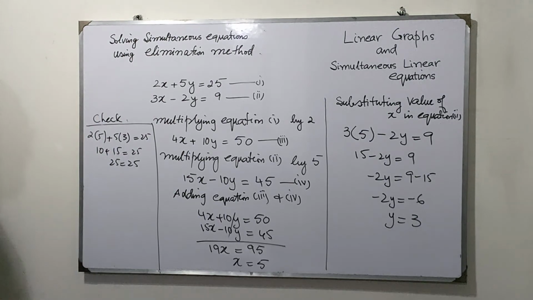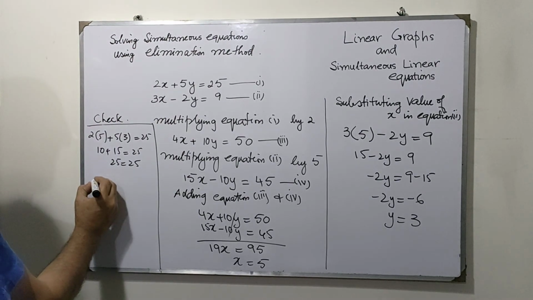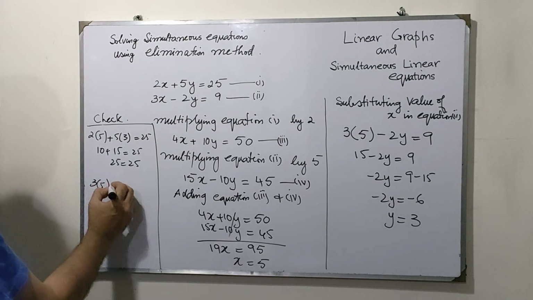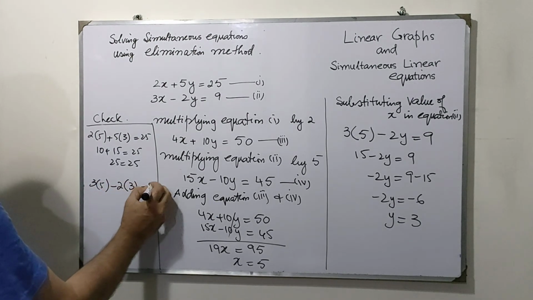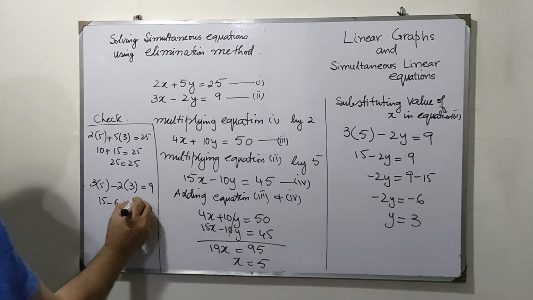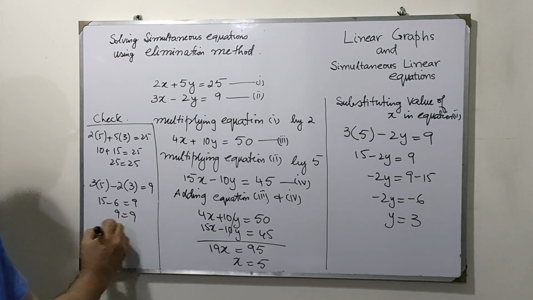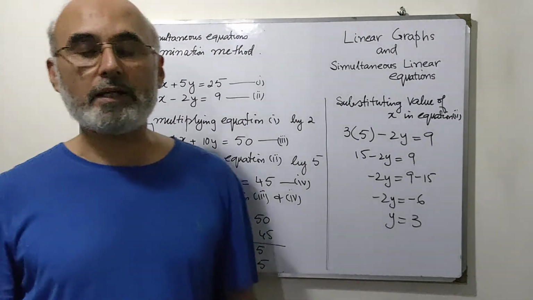Left hand side is equal to right hand side. Checked. Second equation: 3 into 5 minus 2 into 3 is equal to 9. So 15 minus 6 is equal to 9. 9 is equal to 9. Checked. Our solution is correct.